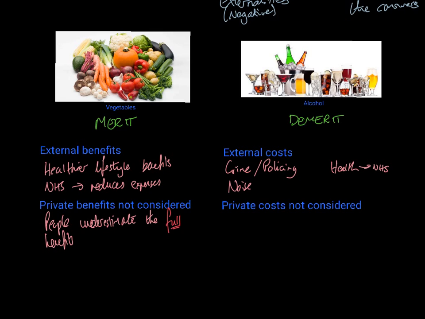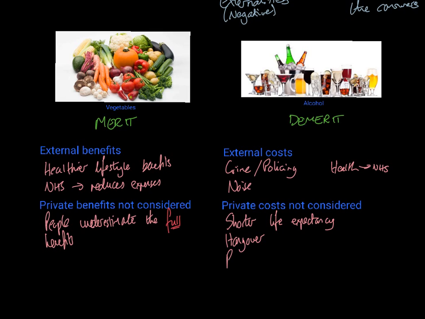What are the private costs there? Well, I suppose if you take it to an extreme, it's likely to be a shorter life expectancy. But if we focus on the more immediate, there's obviously the hangover, which a lot of people aren't considering as much as they should when they are consuming alcohol on a night out.